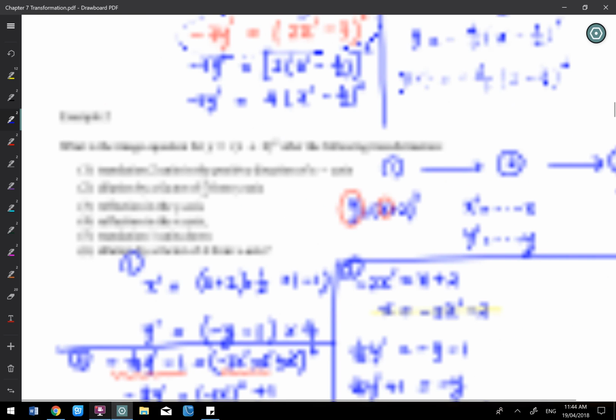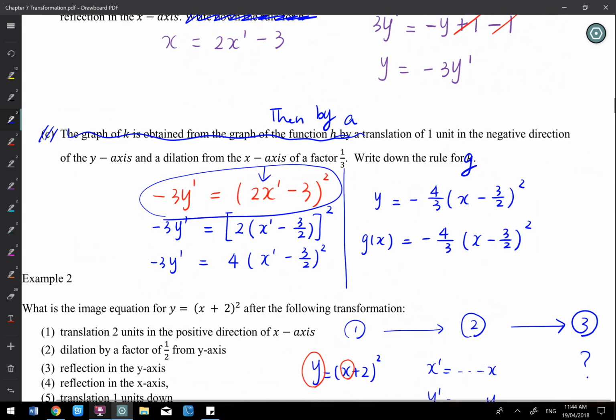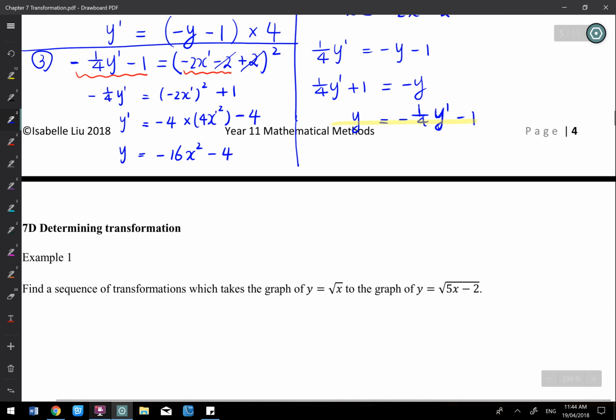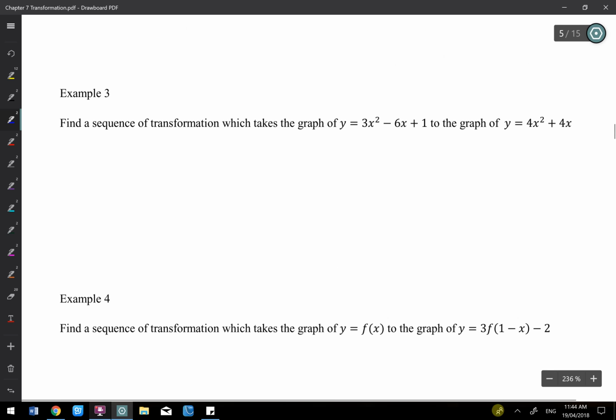I want to change the question. Tomorrow I don't have enough time, so I will change some questions here. Can you just help me to write down that?